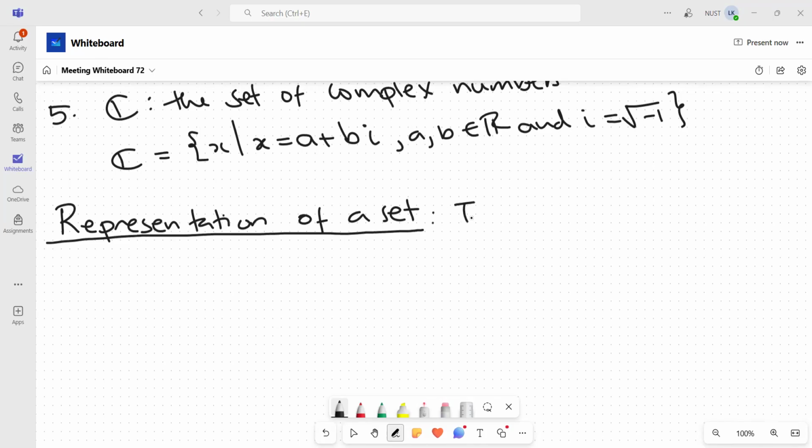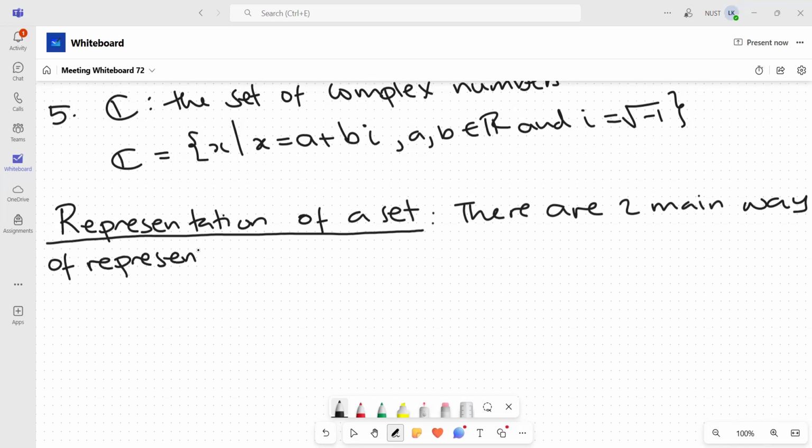So we say that there are 2 main ways of representing a set. This is also describing or specifying a set.